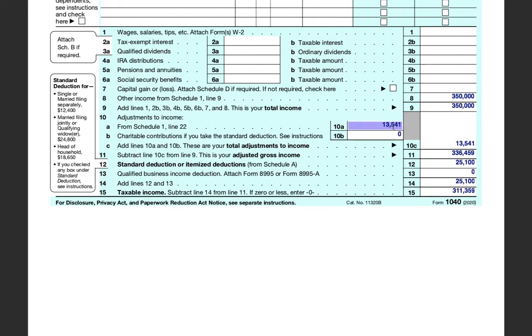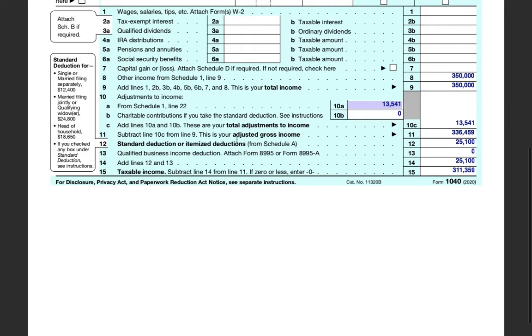That 50% of self-employment tax is going to reduce your income, so your adjusted gross income is $336,459.